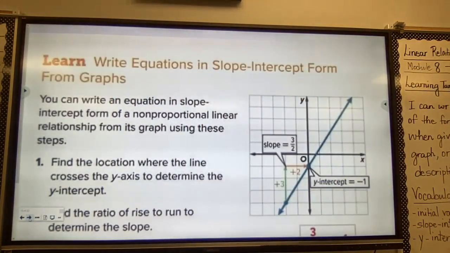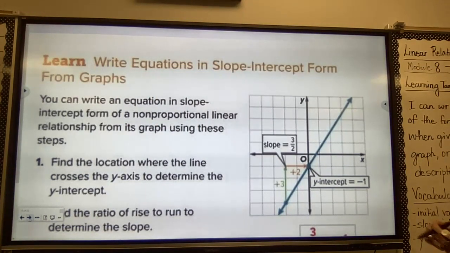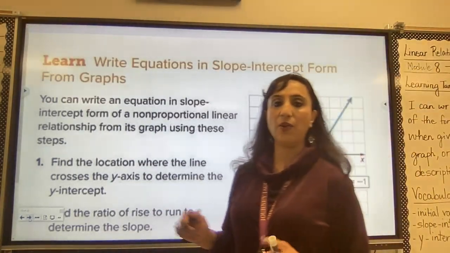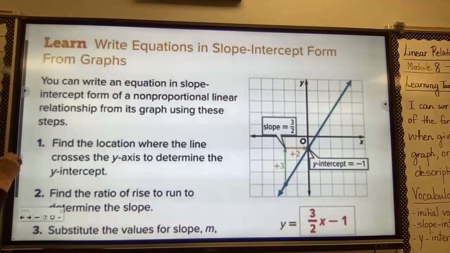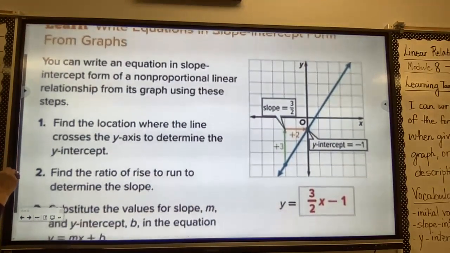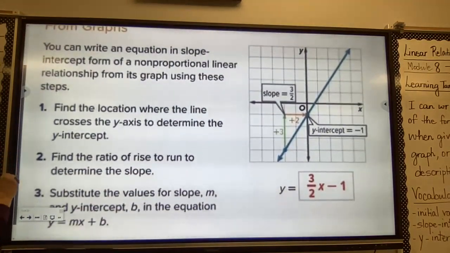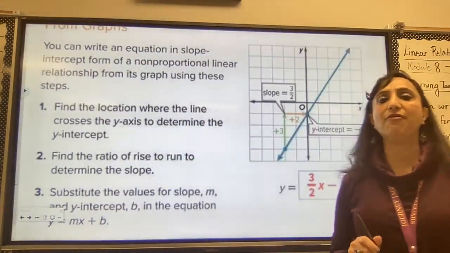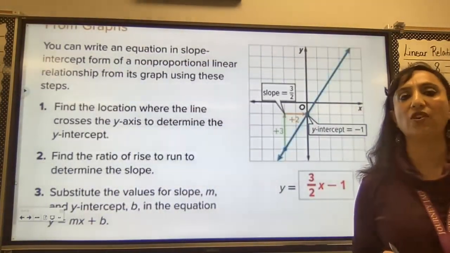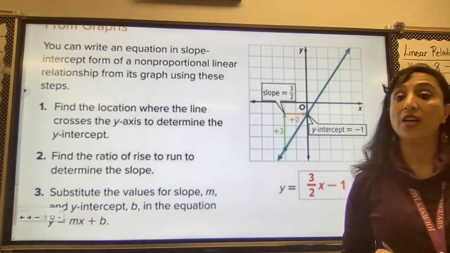So let's look at this one. Writing equations in slope-intercept form from graphs. So you can write an equation in slope-intercept form. So let me just show this to you. Okay. So you can write an equation in slope-intercept form of a non-proportional linear relationship from its graph using these steps.